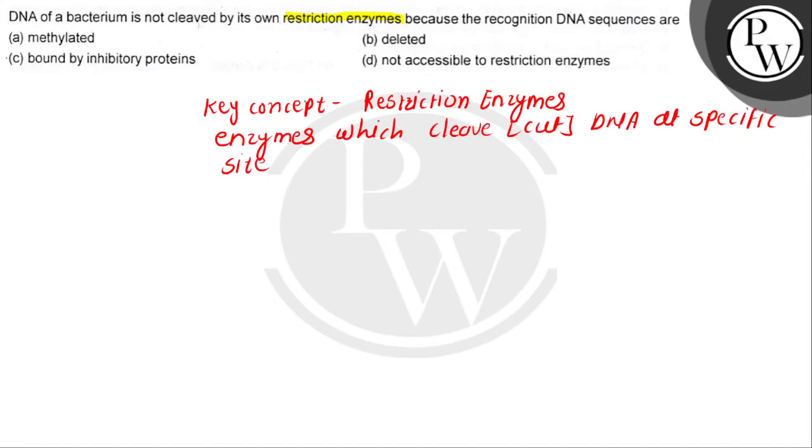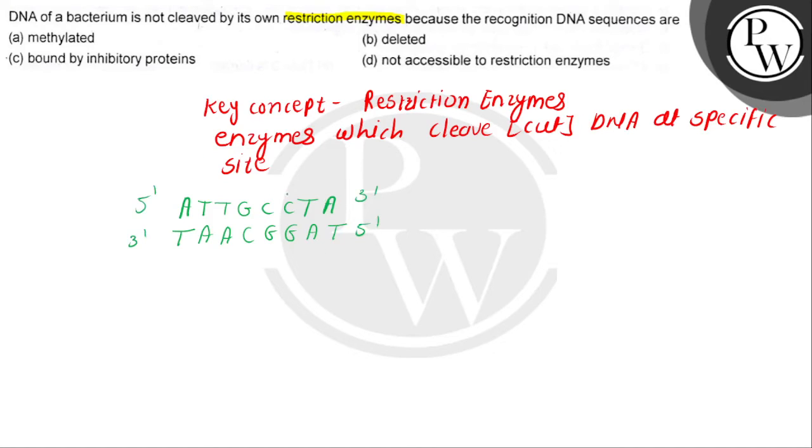So now we take a simple example: A, T, T, G, C, C, T, A. A pairs with T, T pairs with A, T pairs with A, G pairs with C, C pairs with G, C pairs with G, T pairs with A, and A pairs with T. This is the 5' to 3' direction. This is the 3' to 5' direction.